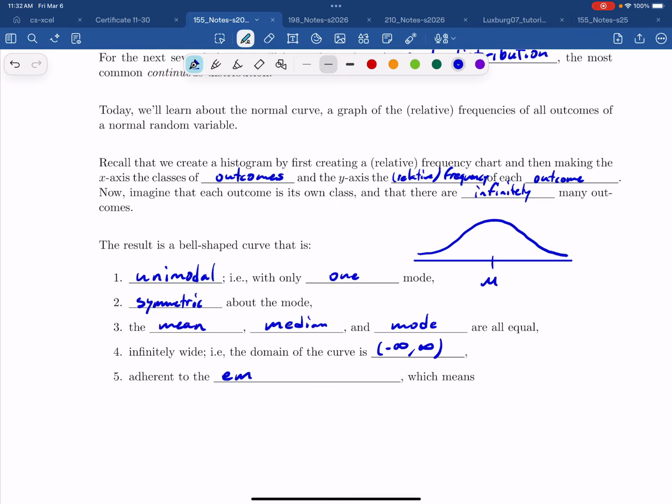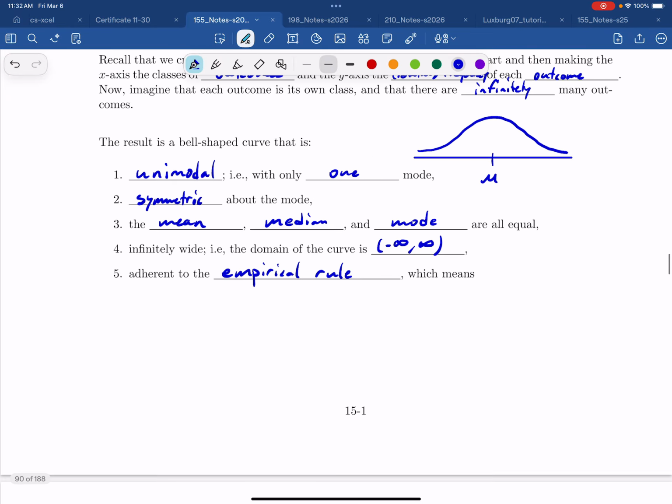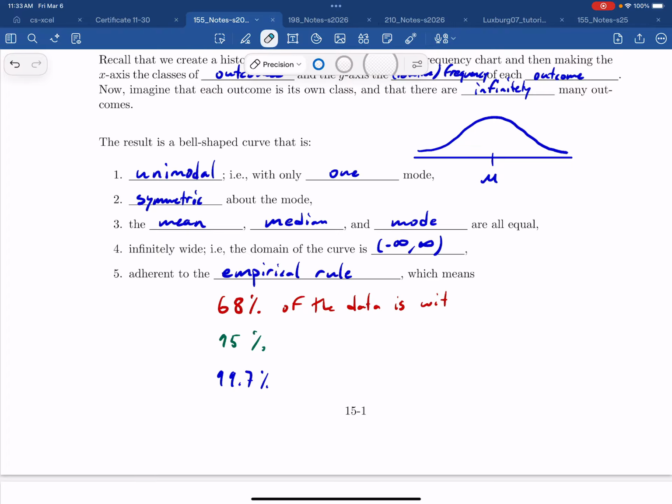And of course it adheres to the empirical rule, which we've already seen before, but just as a recap, it means the following. I'll use red, green, and blue for this. It's the 68, 95, 99.7 rule, which means that 68% of the data is within one standard deviation of the mean, or in brackets, mu minus sigma to mu plus sigma.